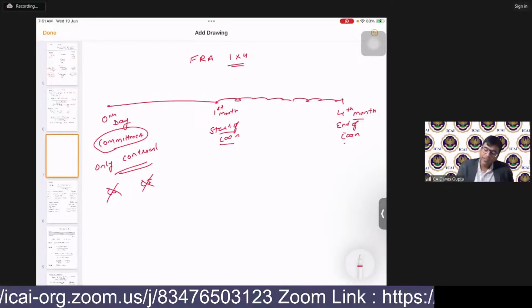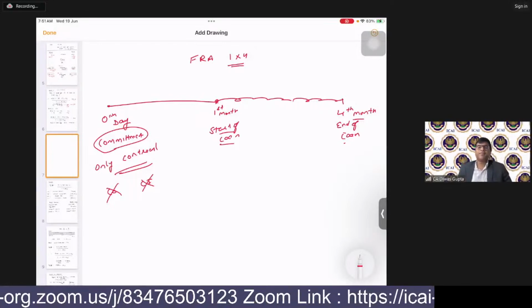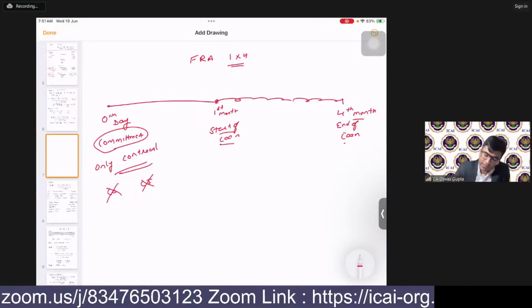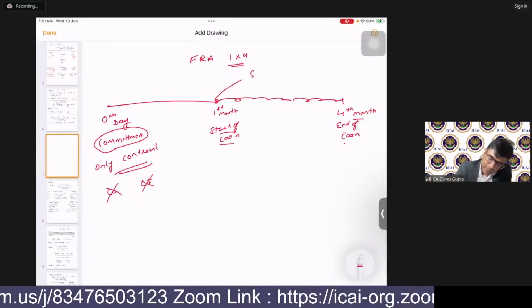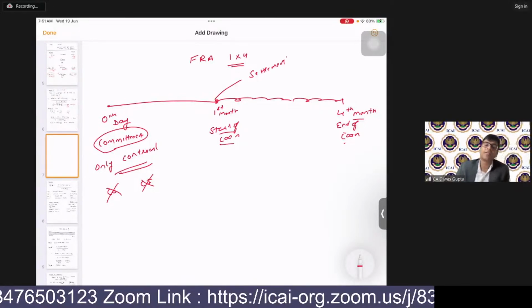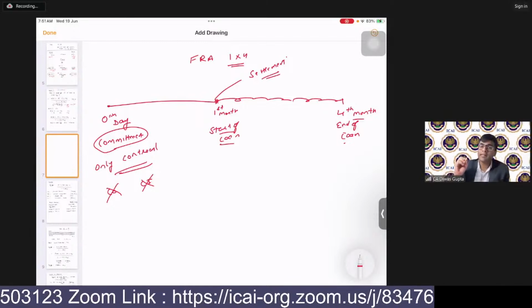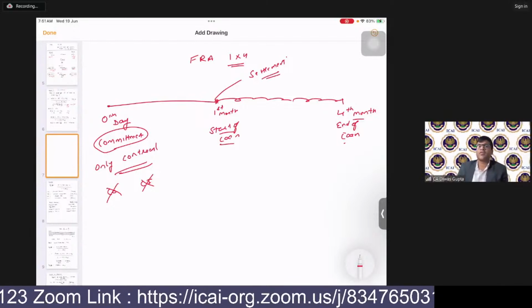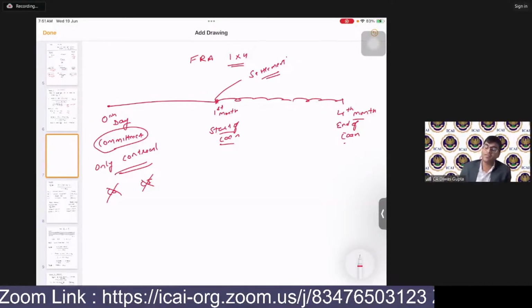However, when it gets started on the 1st month, this is where the settlement happens. Generally, the settlement happens at the start of the actual loan as per the FRA.